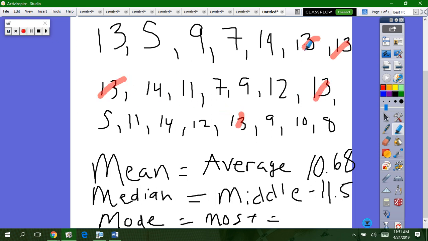I have 5 of those. Does anybody else see something more than that? Nope. I don't think I see anything more than that. Do you guys? So our mode would be 11.